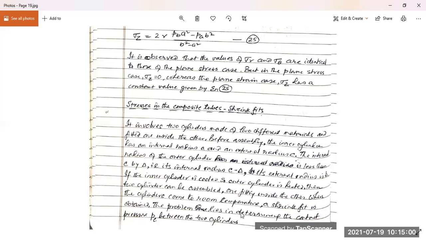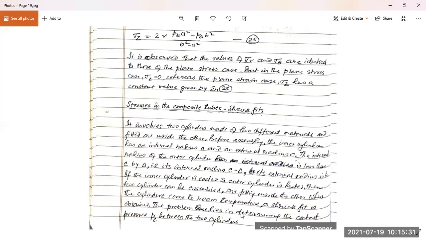It has an internal radius A and an external radius C. But the internal radius of the outer cylinder is exactly less than this C. They are not equal to C, otherwise there would not be any shrink fit. If it is equal to or more than C, then there should not be any shrink fit. It is less than C by an amount delta. Delta is extremely small, but it exists. It is not zero.